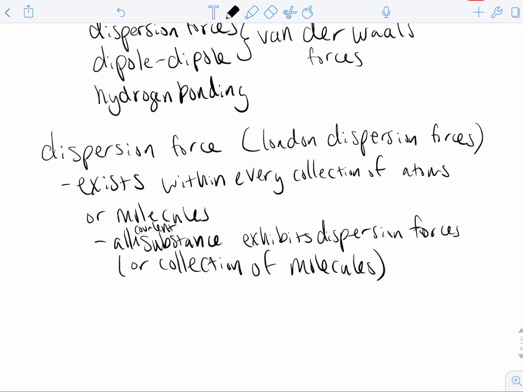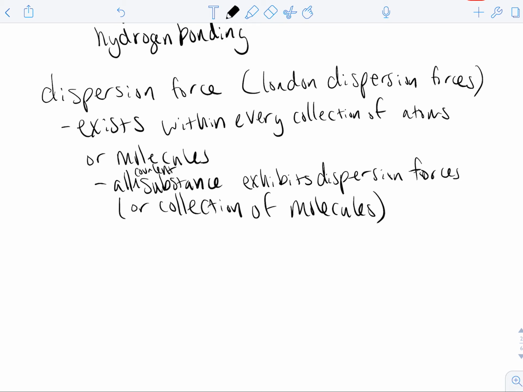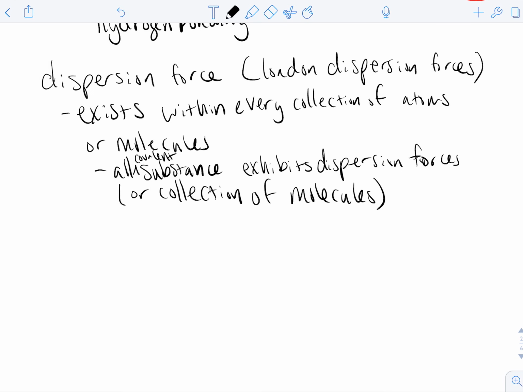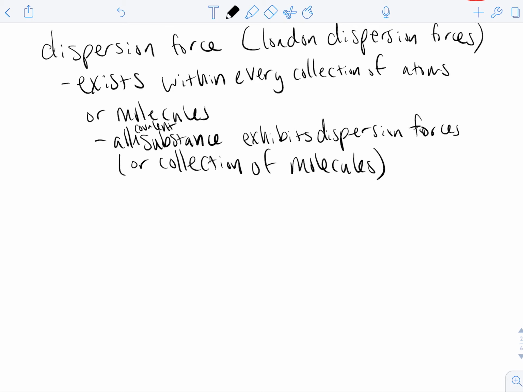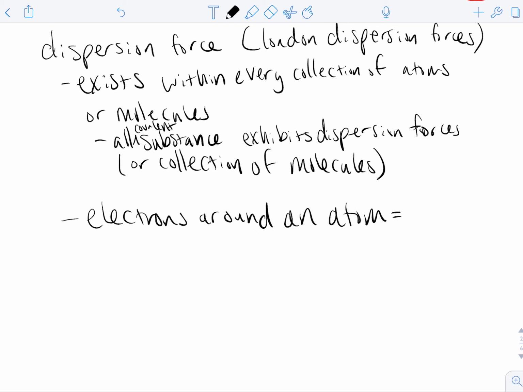Okay, so when we think about dispersion forces, we're basically thinking about an asymmetric electron distribution. So we can take anything that has electrons, and remember that our electrons around our atom are not set in place. So electrons around an atom, they're not stationary or set.